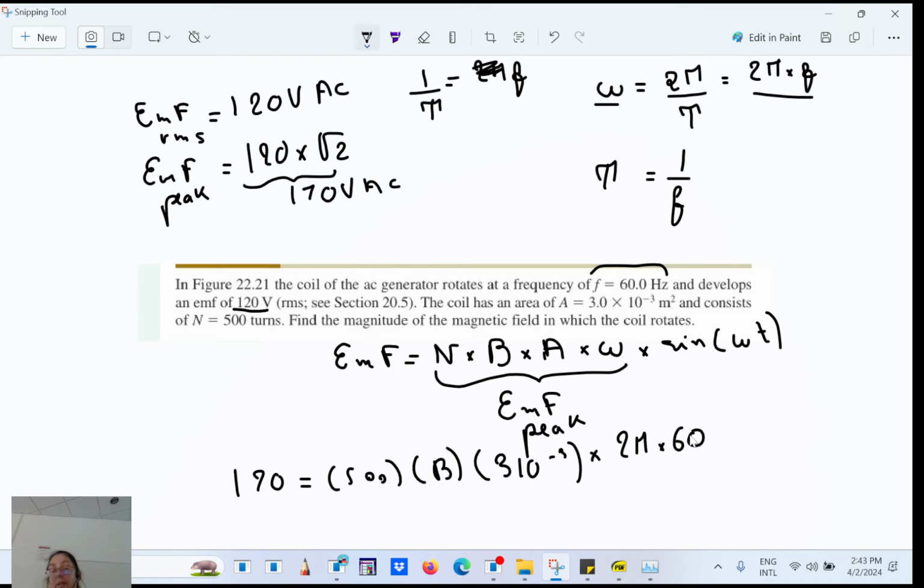So what do you get? 170 enter, divide by 500 enter, divide by 2 enter, divide by pi enter, divide by 60 enter, and divide by this enter. So what do you get?